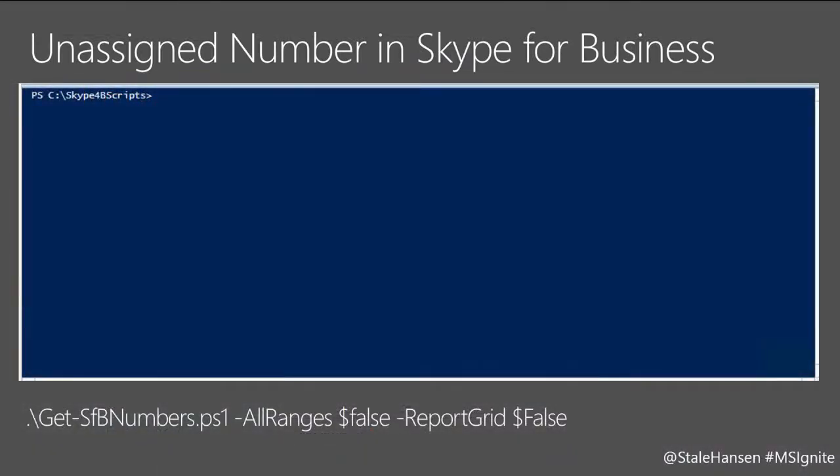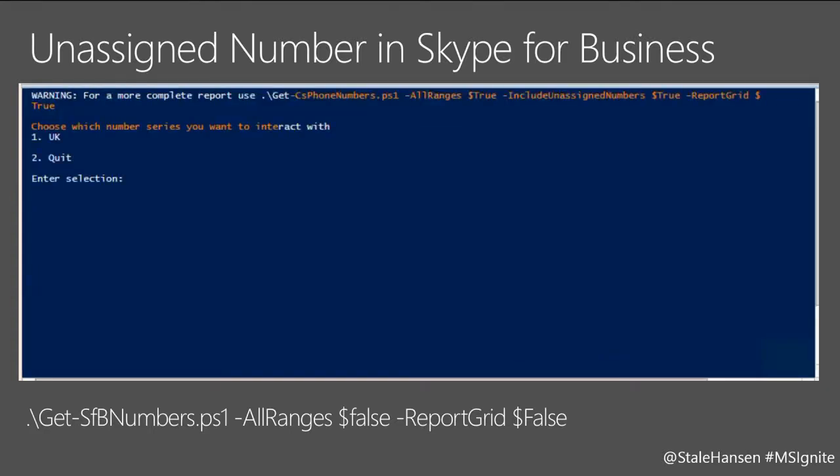Based on unassigned numbers in Skype for Business, you run the script and it will check for the range that is defined. Here you see that by running the script with all ranges false and report grid false, you get a menu.